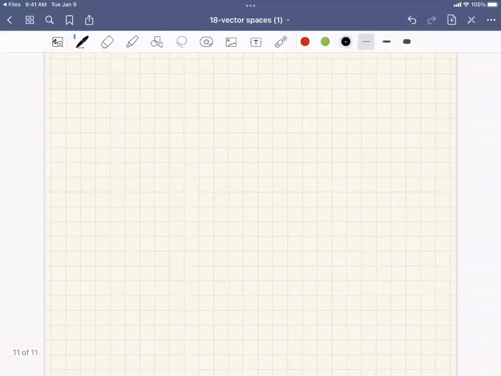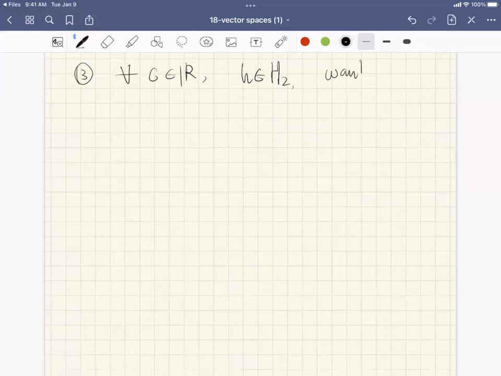Now, closure under scalar multiplication. For any C in R and H in H2, I want to know whether CH is in H2 or not.